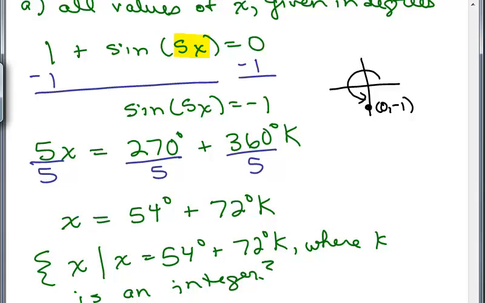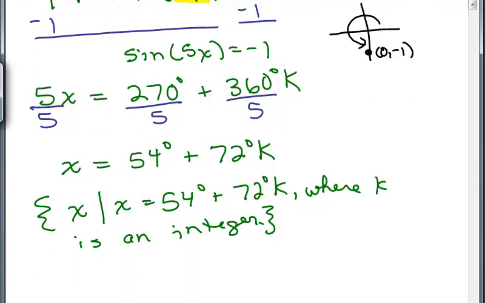You can either put that in the solution braces or not. I've seen it written both ways. So that was part A, to find the solution for all values in degrees. The second part was to find all values in degrees in the interval 0 to 360 degrees. So now let's do that.